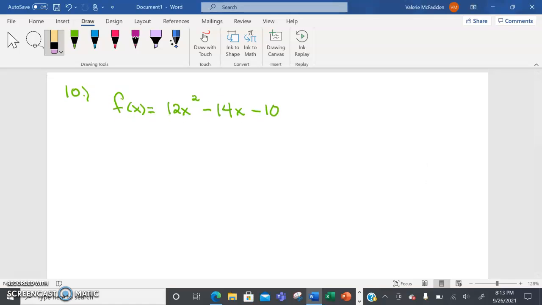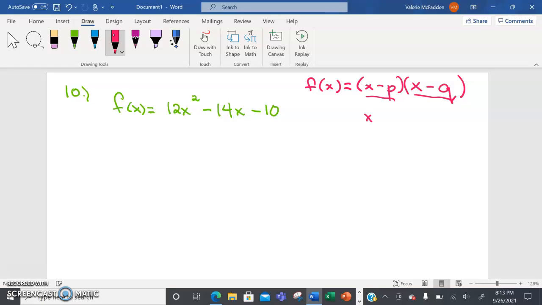In number 10, we're supposed to take this and transform it into intercept form, which we know is f of x equals x minus p times x minus q. And to find the x-intercepts, we would set our factors equal to 0.